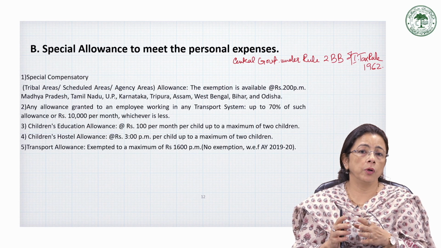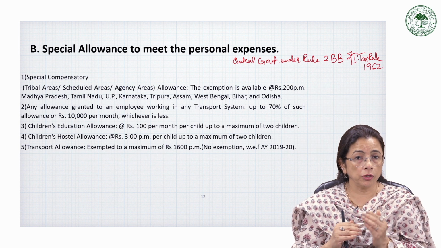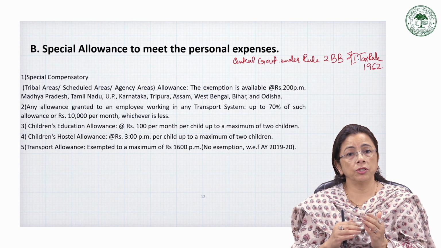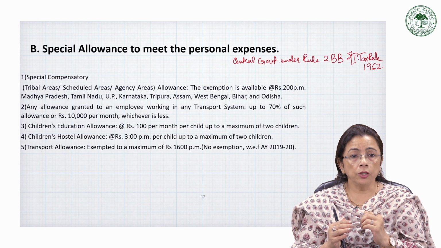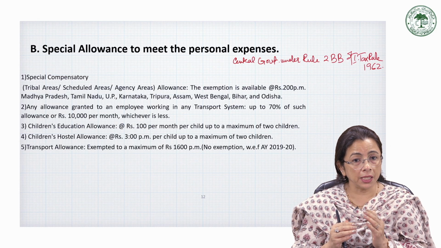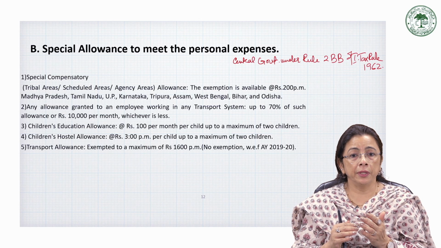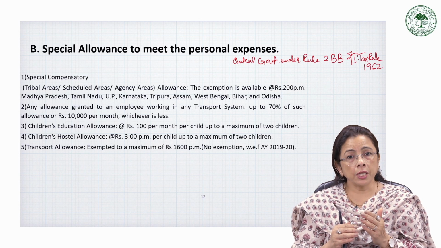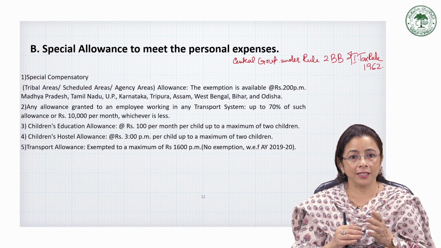So these people often keep away from their houses for a very long period. On and off, they are always traveling from one city to another or from one country to another country. So for that, there is a compensation. This allowance is a compensation to meet their personal and incidental expenses while they are traveling, because they are not getting all the home comforts while they are traveling, so they are compensated for that.